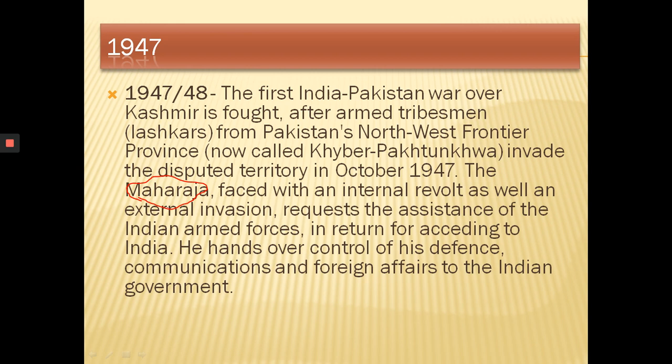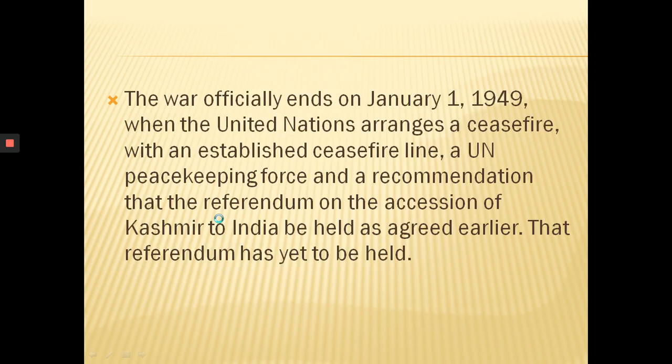But they never knew Maharaja Hari Singh would sign the instrument of accession with India, and I think the major reason was Sardar Patel. He asked Hari Singh to sign the instrument of accession if they needed help from India. So they signed the treaty, and India sent its army, as you can see over here.